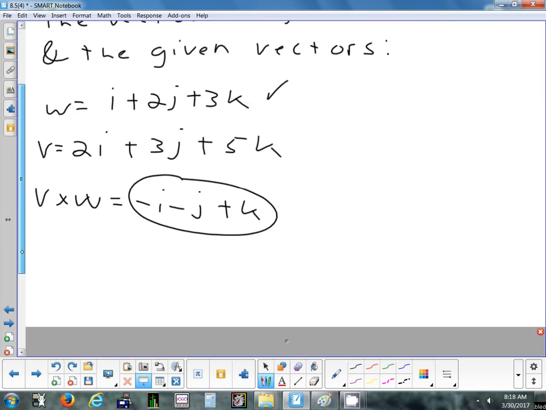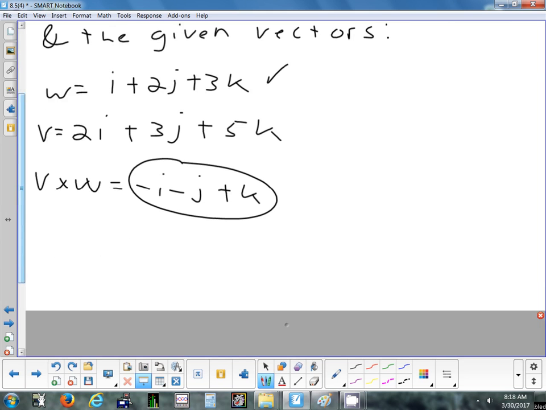Okay, let's do the dot product of V cross W and W. Okay. First of all, does that make sense with just what I'm plugging into the dot product? Because what's V cross W?